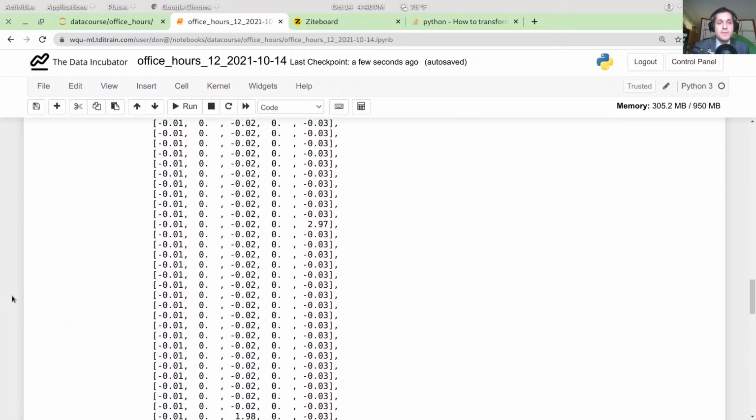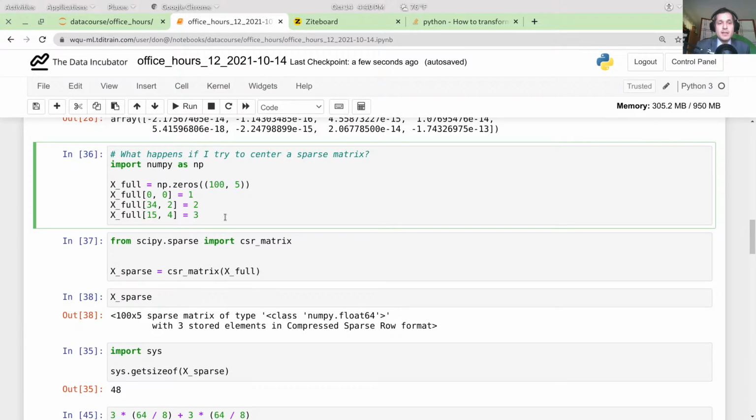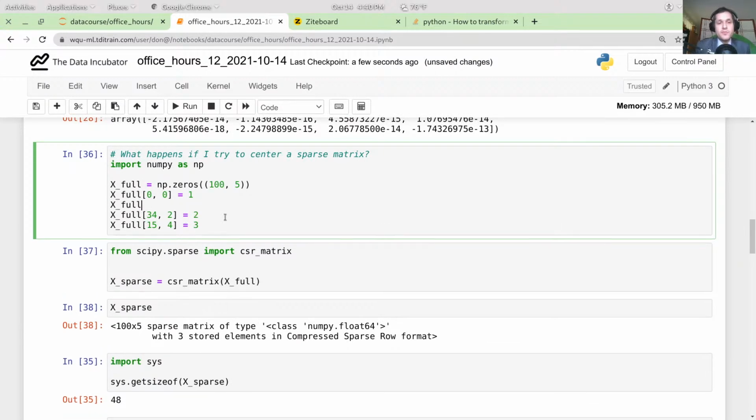Actually, I want to play around with something here. Let's see if I can get a more drastic effect. Let's say x full 5, and change 1 to be -1.